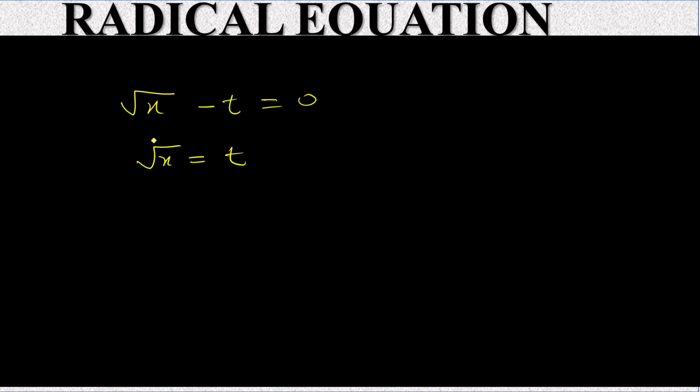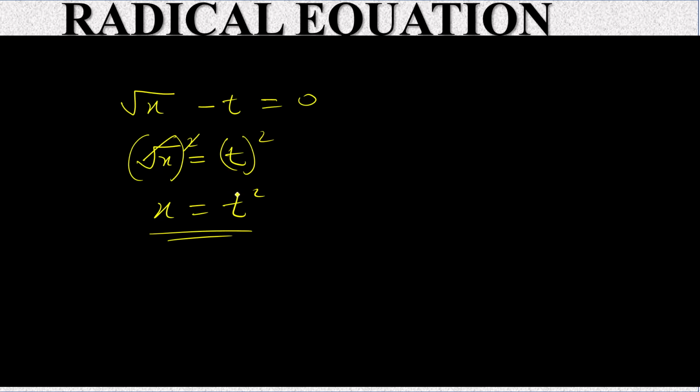I can only do that by squaring both sides. So I'll square this side, then square this side as well. This one will cancel this, leaving x here. So we have t squared. Alright, so that is all about radical equations.